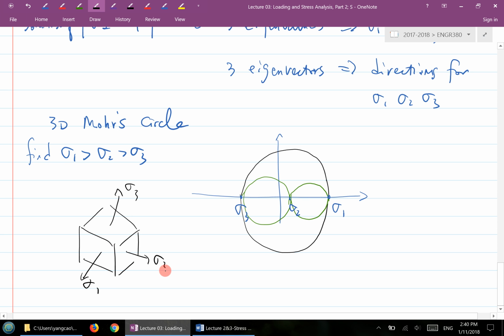If you rotate about sigma 2, you see a state of stress change on the sigma 1, sigma 3 circle.